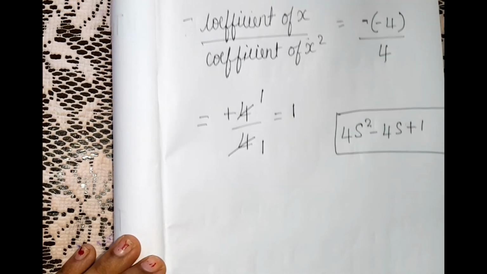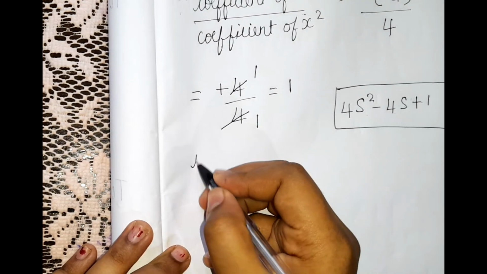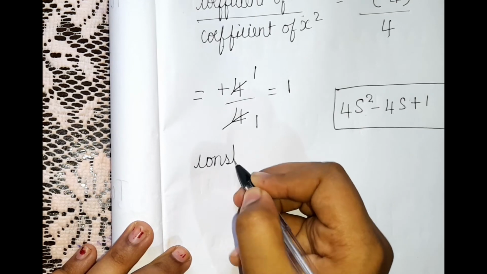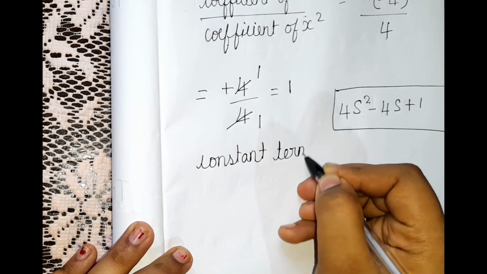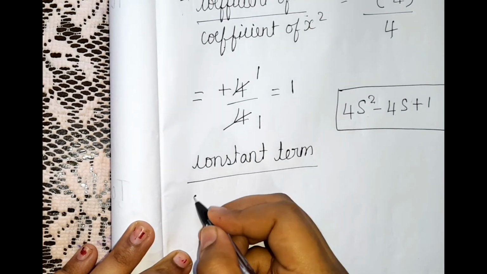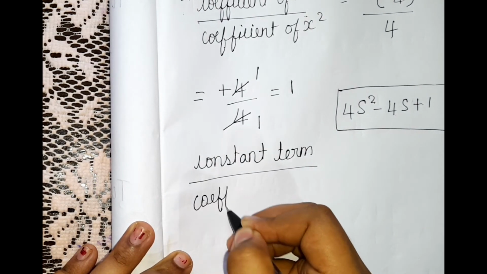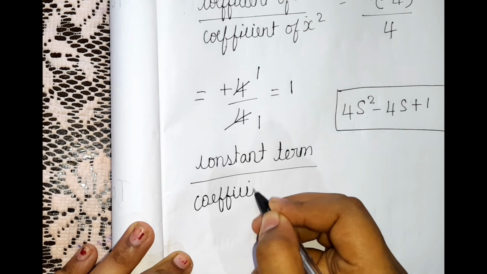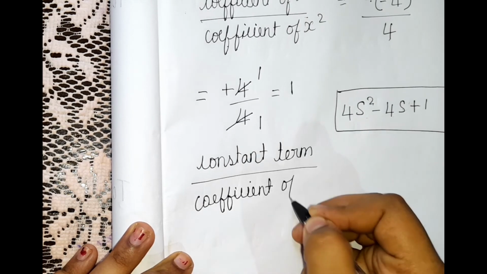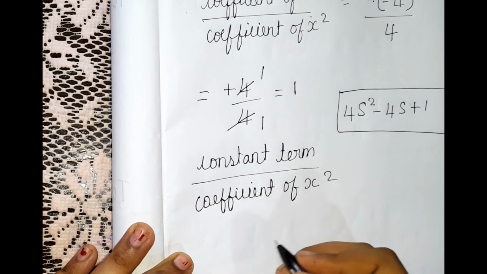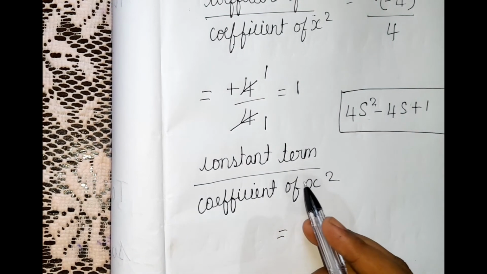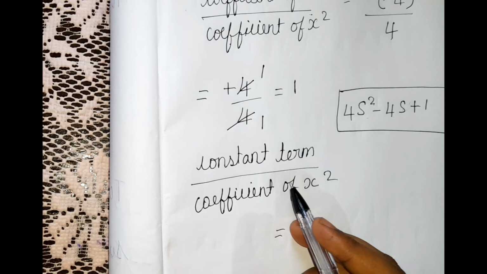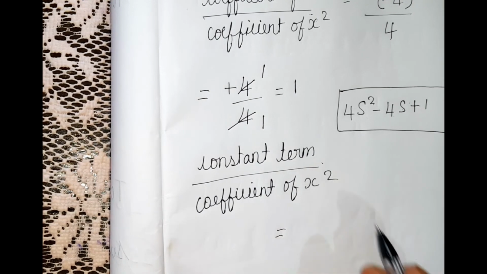Now we are going to be finding its constant term and the coefficient, okay. So now let's write coefficient of x square, okay. So this is the formula. Here we are supposed to find the constant term, that means a term which is not having a variable, okay. So it has only a number.